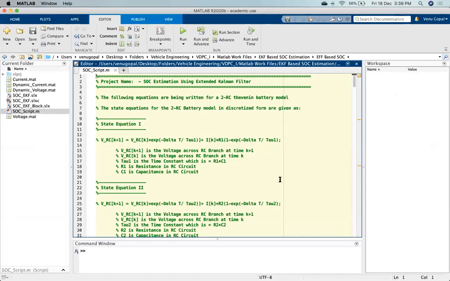So yeah, basically this is the code that I have written for estimating the state of charge.